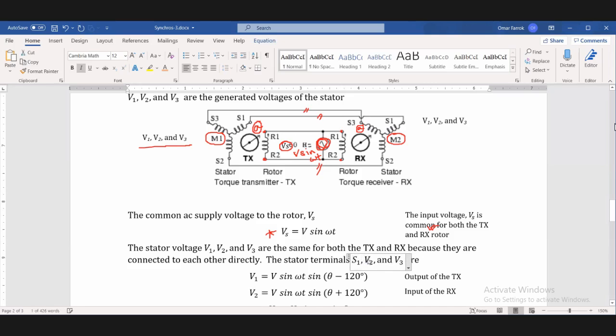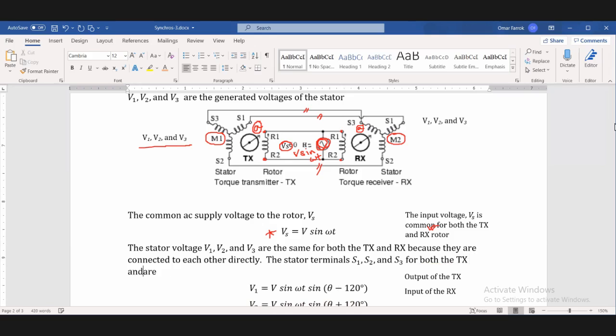One is S1, then another is S2, another is S3. The stator terminals S1, S2 and S3 of both the TX and RX are connected.